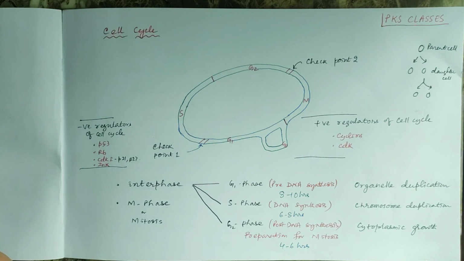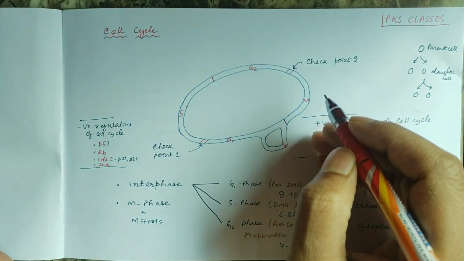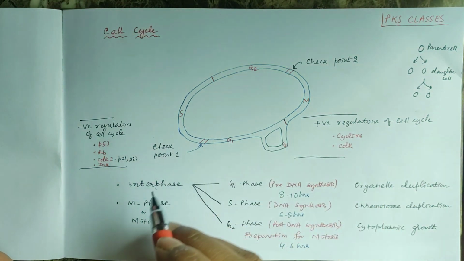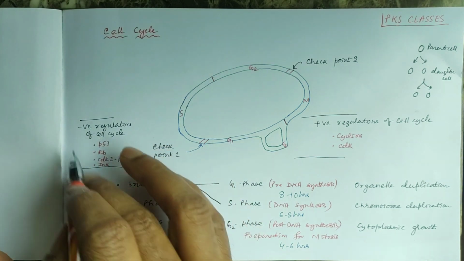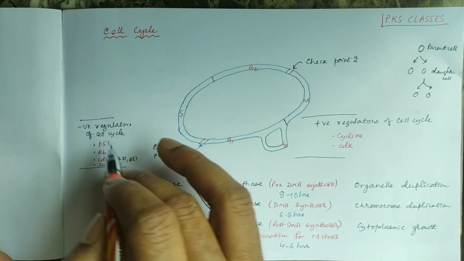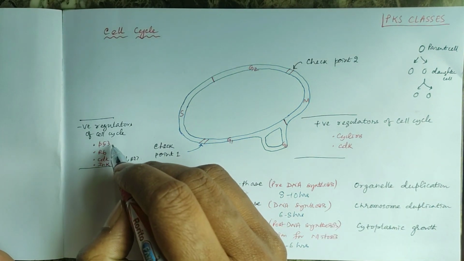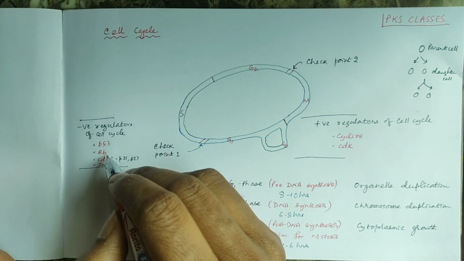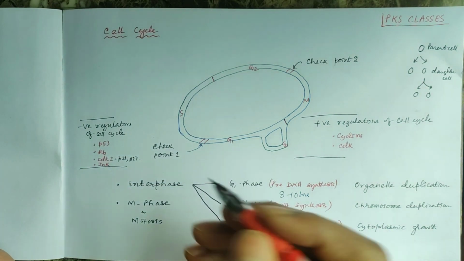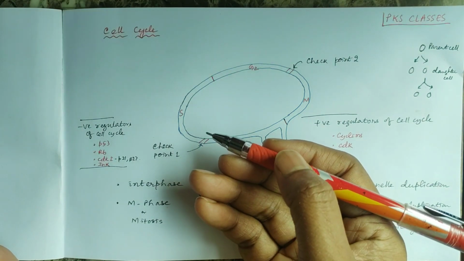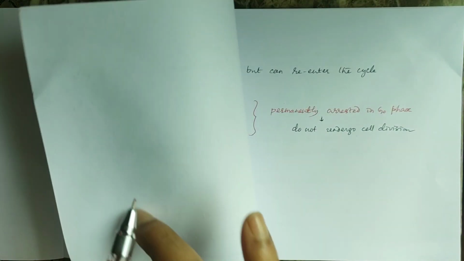So if there is any abnormality in either DNA or in the cell itself, then through the negative regulators of the cell cycle, the cell division will stop. P53 is one negative regulator, the retinoblastoma gene is another negative regulator, and they do their functions through CDK inhibitory proteins like P21, P27, like that.